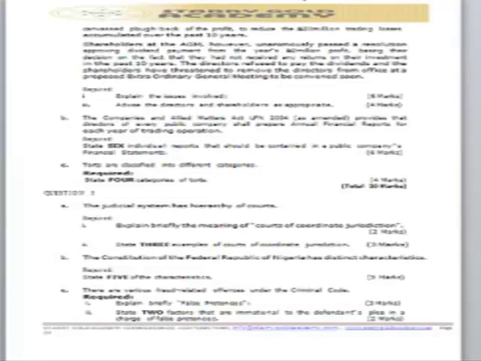Then the B aspect says the Constitution of the Federal Republic of Nigeria has distinct characteristics. Required: state 5 of the characteristics.